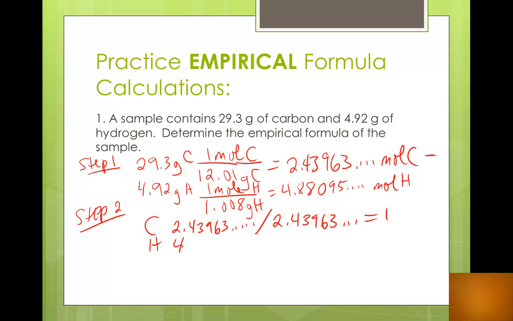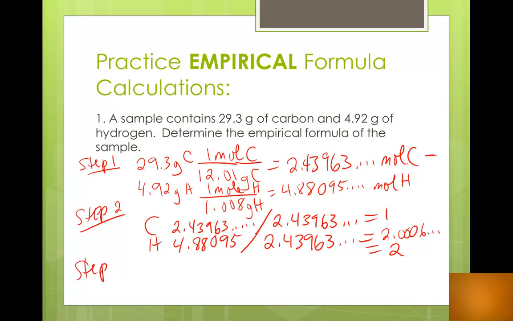I'll take my hydrogen value, 4.88095, divide by the smallest number, which was carbon, and I get 2.0006, goes on and on, so it's roughly close enough to 2.